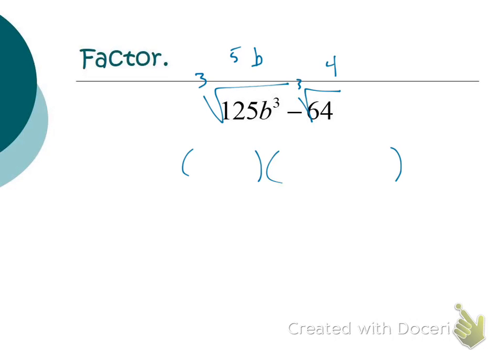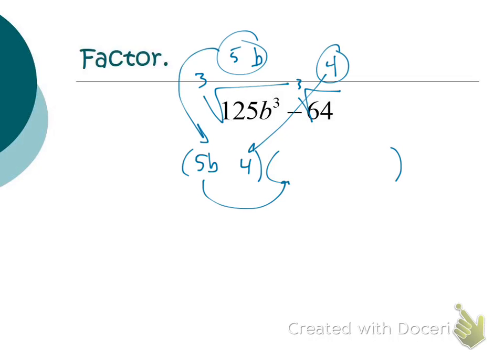Our binomial just comes from these two terms, so we go 5b and 4. Then our trinomial: we square this to get 25b squared, and then we square the 4 to get the last term, and then we multiply those two, 5b times 4, to get the middle term.